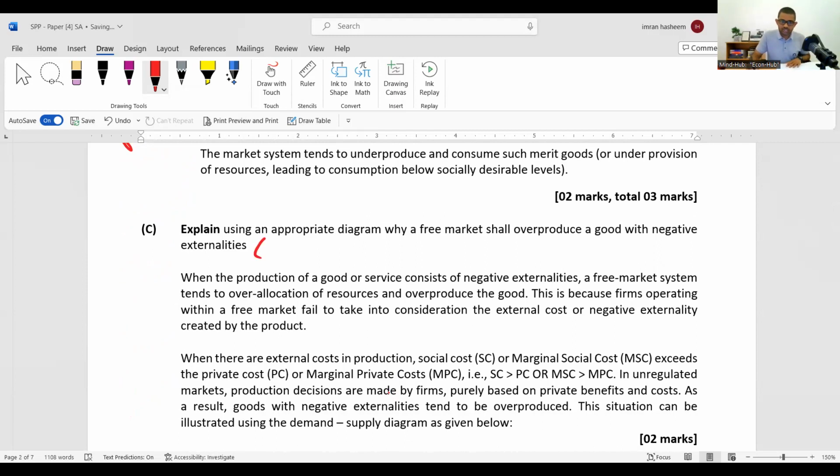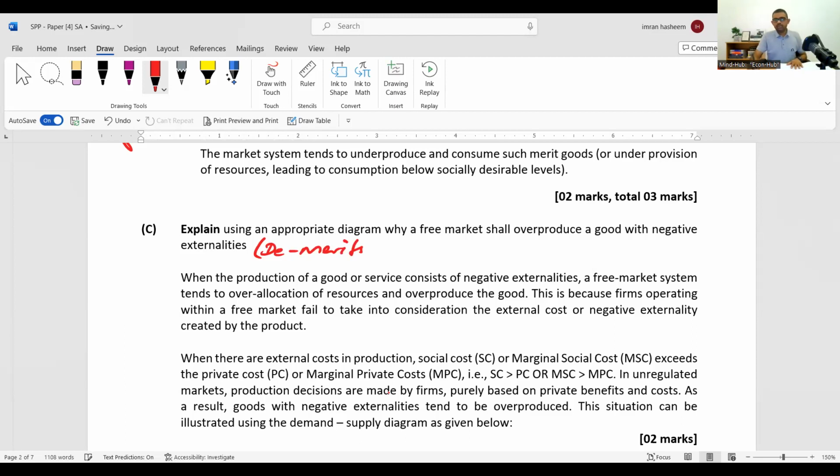Negative externalities. So basically you can talk about some kind of a product, or you don't have to give a product, but you can think about a product that is creating a negative externality. Now, some of you might have thought, okay, they're asking about demerit.